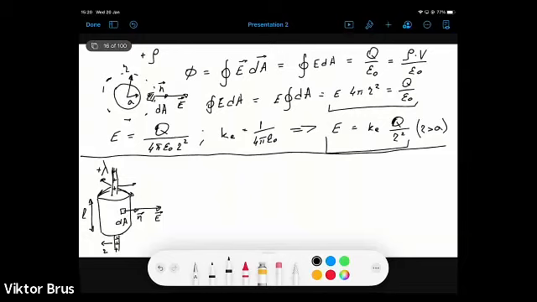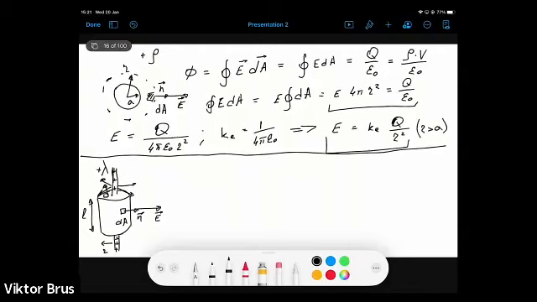What is also important to highlight here is that if we consider some surface element on the edge sides of the cylinder, the normal vector will be perpendicular to the electric field vector.